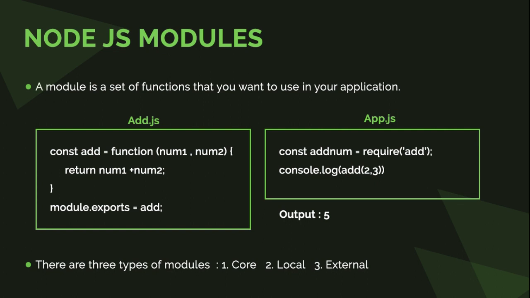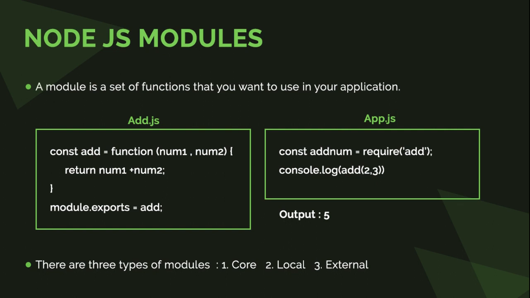All right. Now, as this function is being exported, you can use this exported function in some other JavaScript files. So let's say this is our main application file, and in it we want to use the add function, which has already been exported.